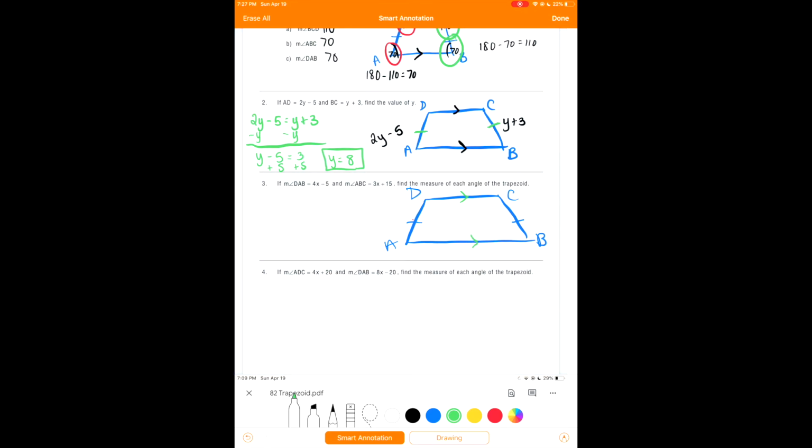It says angle DAB is 4x minus 5, and ABC is 3x plus 15. Find the measure of each angle of the trapezoid. So I need to find A, B, C, and D. I know that my base angles here are congruent, so I have 4x minus 5 equals 3x plus 15, and I'm solving for x.